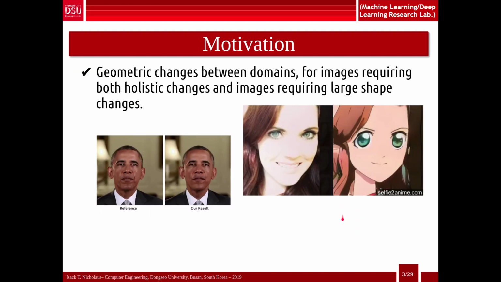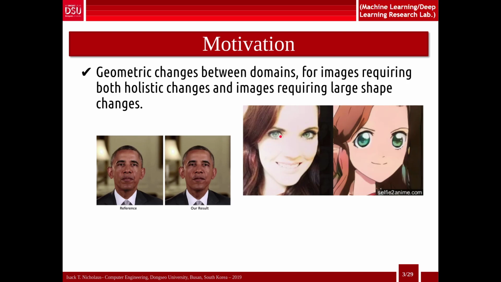Another motivation is geometric change between domains. Here we can see that there are some changes between two domains. The first one is a human face. We need it to generate some kind of anime character, but you can see that some features from the human have been changed.